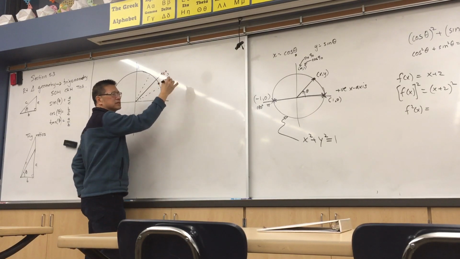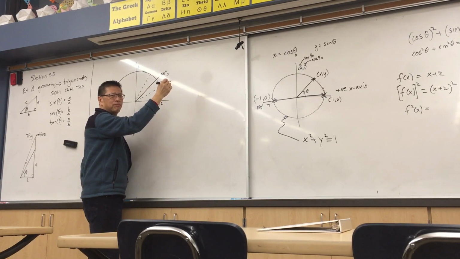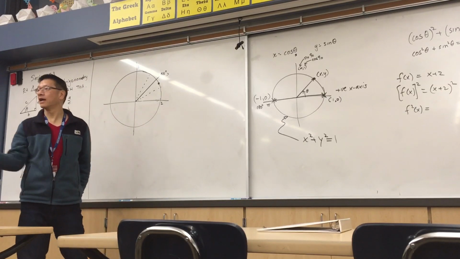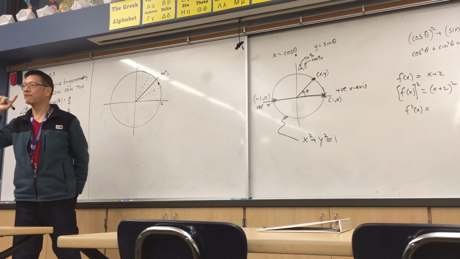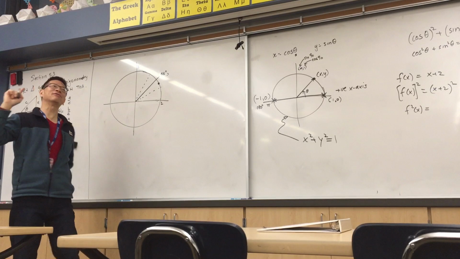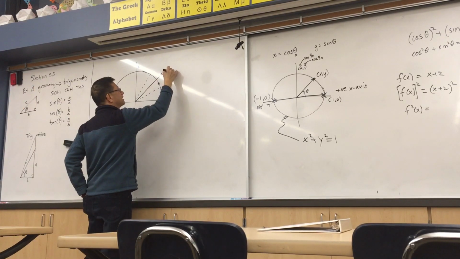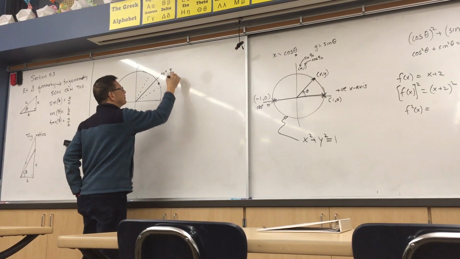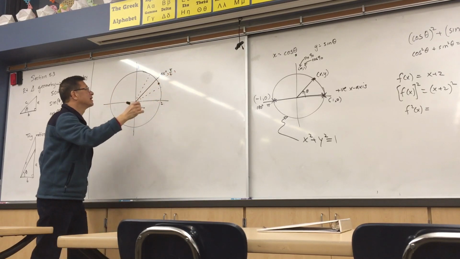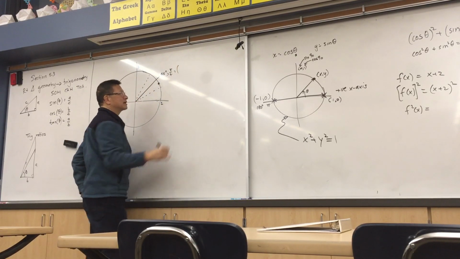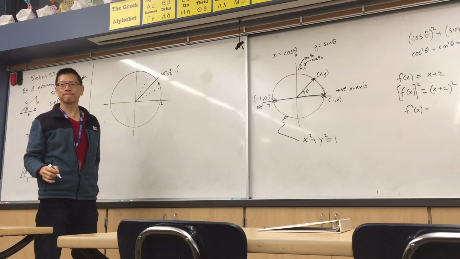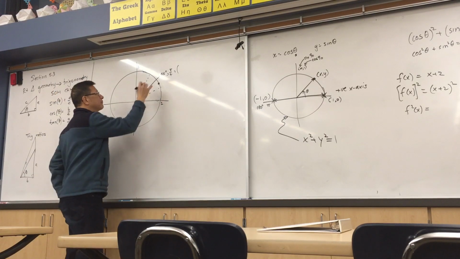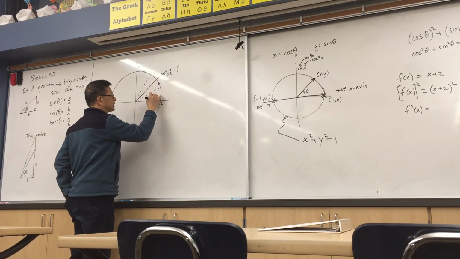And in radians, this is going to be, what is it? Pi over 4. Pi over 4. What are the xy coordinates of this point? We can figure that out using geometry here, right?